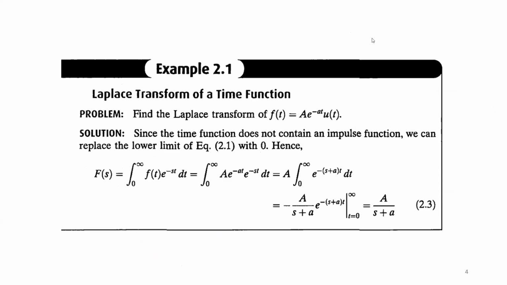The question is: find the Laplace transform of f(t). This function is given. This is e to the power minus at, and minus means it will be plus. And u(t) means what?